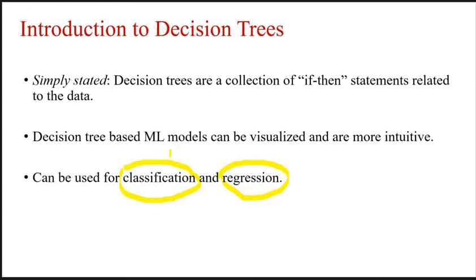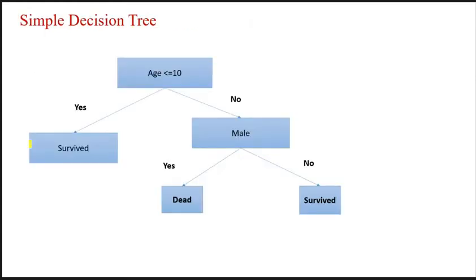Let's look at a very simple decision tree. Now, this is just a toy model of the Titanic. It does not represent the actual data, but it's just a toy model to visualize a simple decision tree. So here is a situation where we start with age.